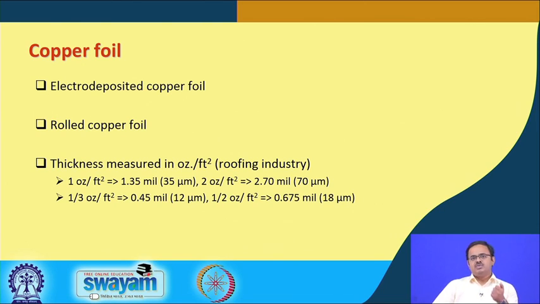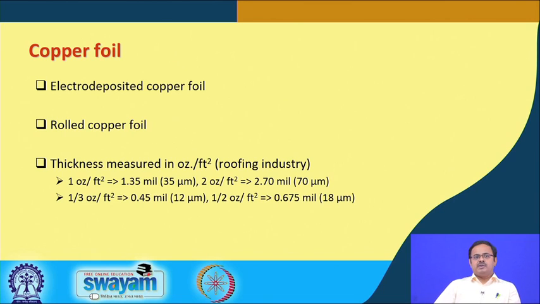So, that is what is used. If somebody tells you that the copper foil that was used for fabrication of this 4-layer motherboard was 2 ounce per feet squared, then that actually means the thickness of the foil was 70 microns.